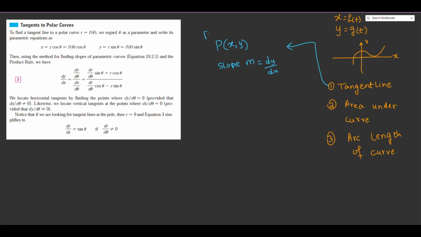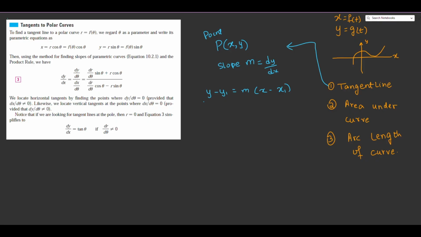So we need the point and the slope, and then you can use the equation y minus y1 equals m times x minus x1, and substitute these values in order to find the equation of the tangent line.